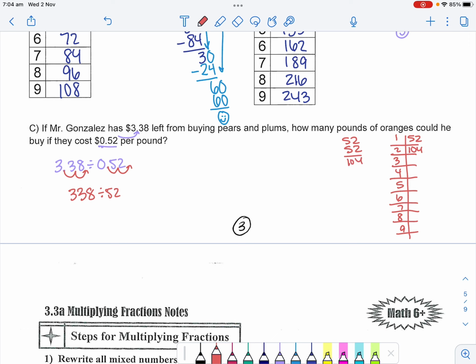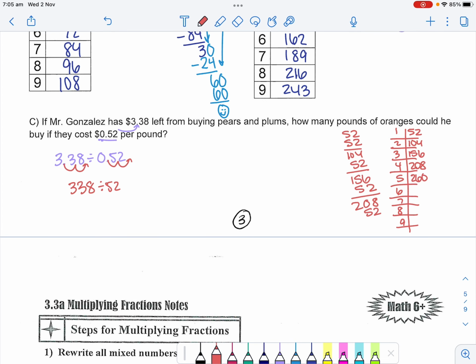So 104, 156, 208, 260, 312, 364, 416, and 468.